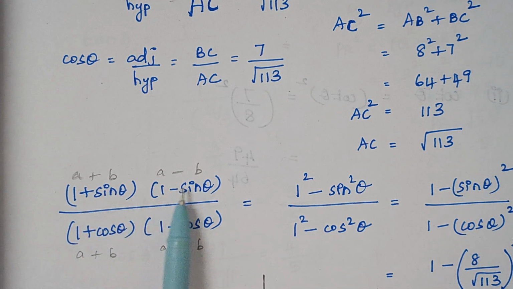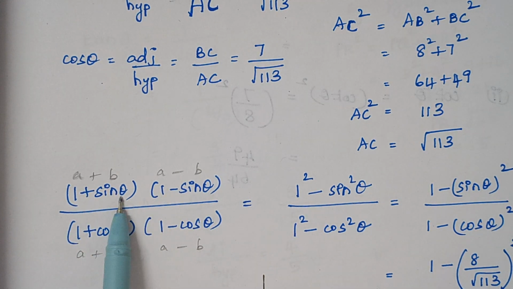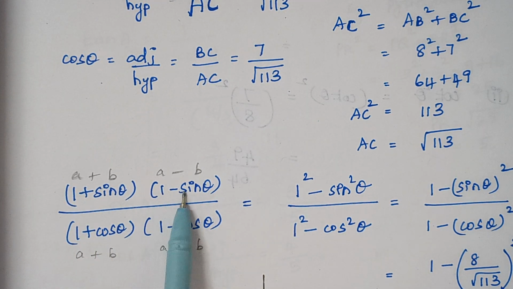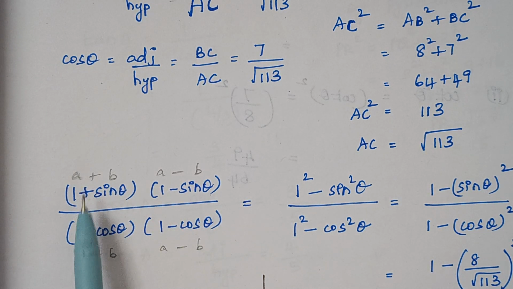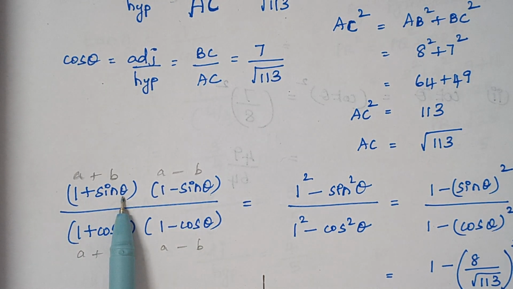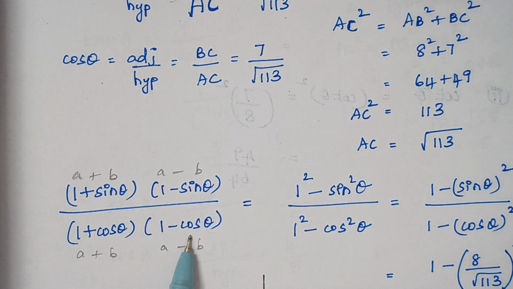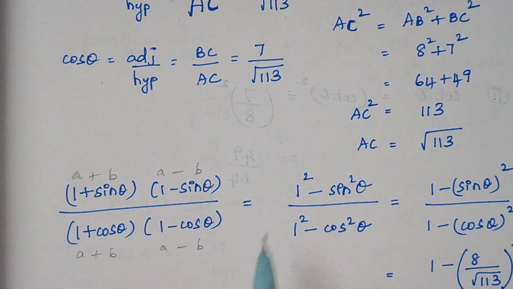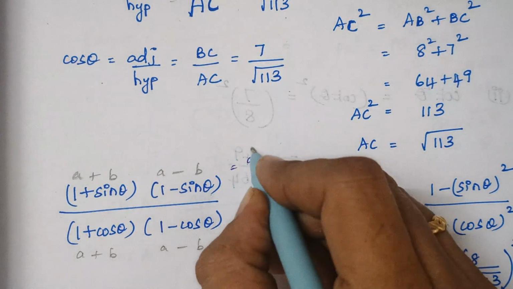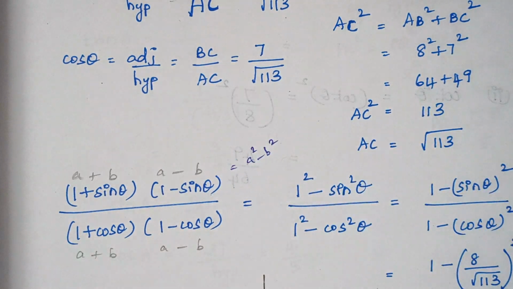When you observe carefully, you see this is of the format (A plus B) into (A minus B), right? Here the value of A is 1 and B is sin theta. Similarly, the denominator also reflects the same thing. Therefore, (A plus B) into (A minus B) can be written as A square minus B square.